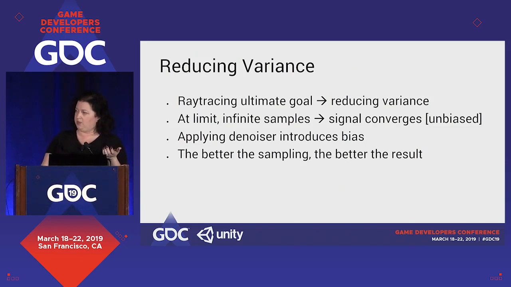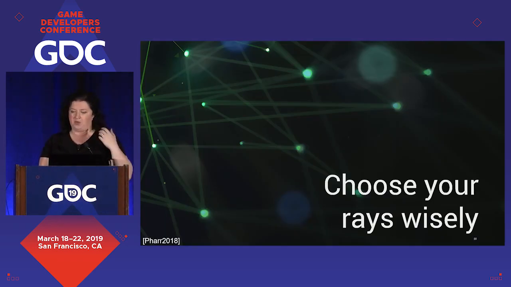So we apply a denoiser, congratulations. Well, that introduces bias. And so the better we stratify our sampling, the better the end result will be with regards to reducing bias. Even though we might pay more cost in the way that we're selecting rays, it's more than offset by the resulting quality improvement.